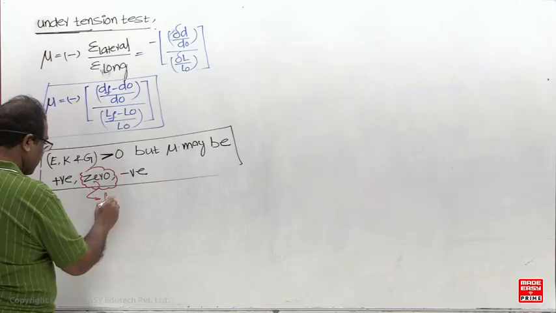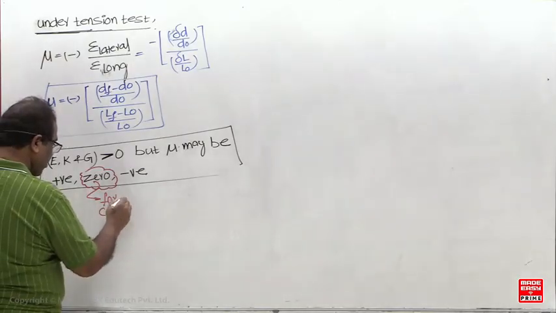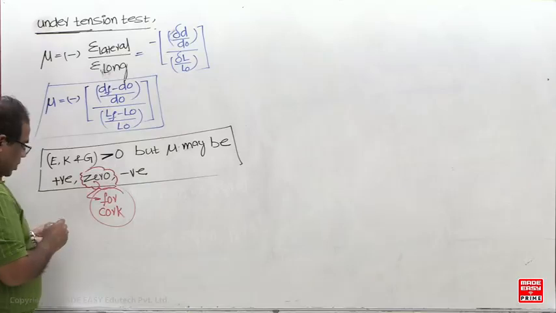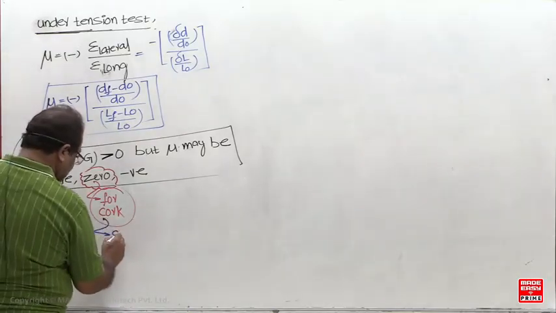This is for cork. When mu is 0, what have you studied? Lateral strain is 0.